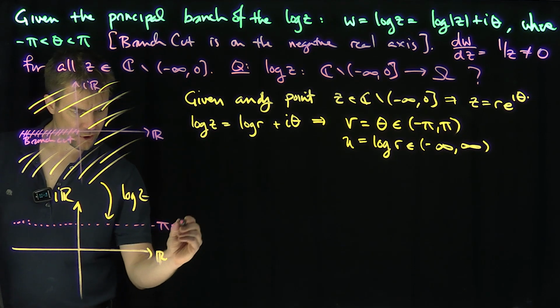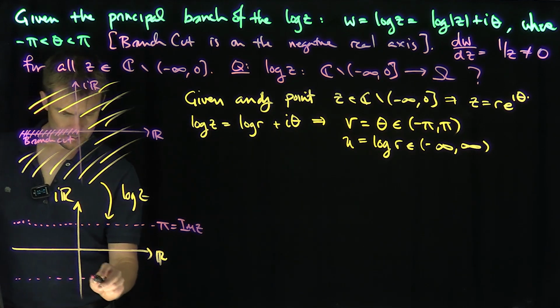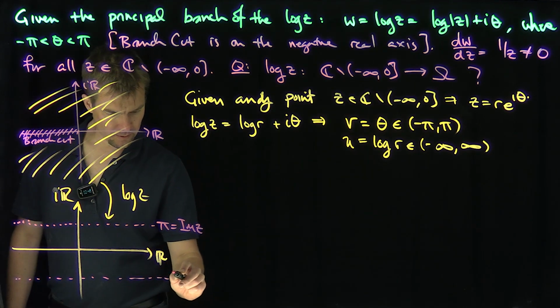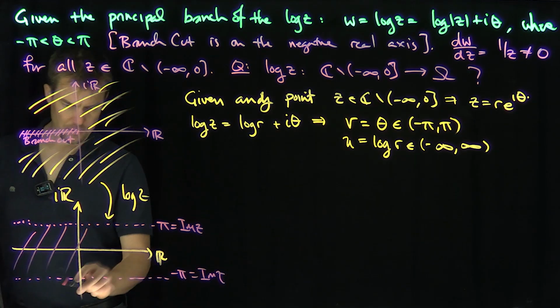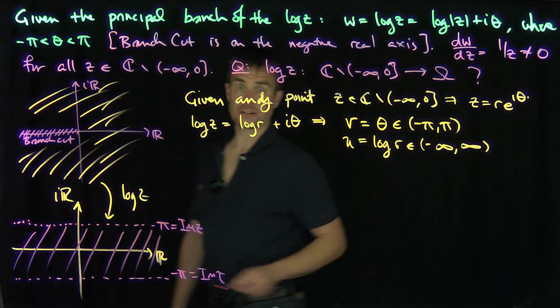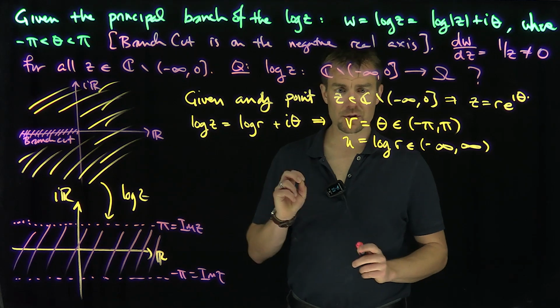There's pi, that's the imaginary part equal to pi. Dot over here, that's the imaginary part equals negative pi. And that's your strip, like so. Excellent. So the log maps this slit complex plane onto this strip over here.